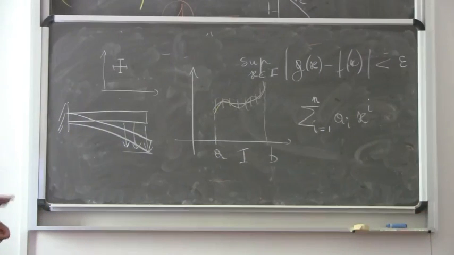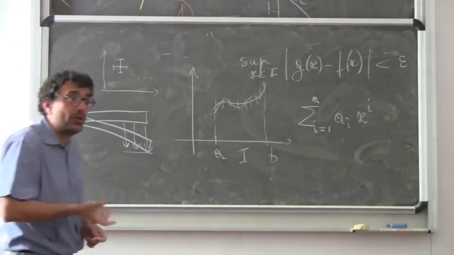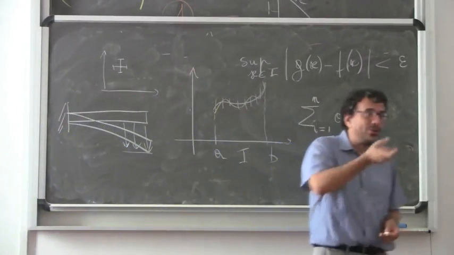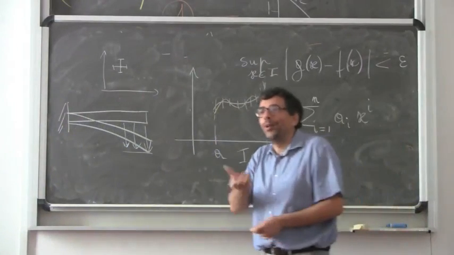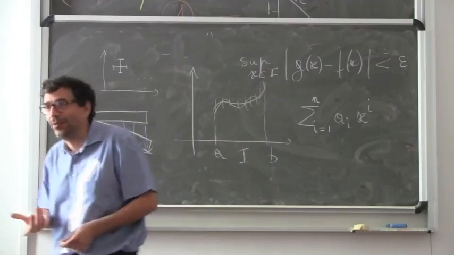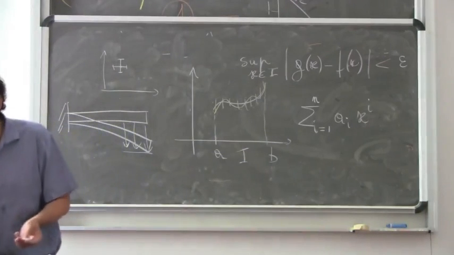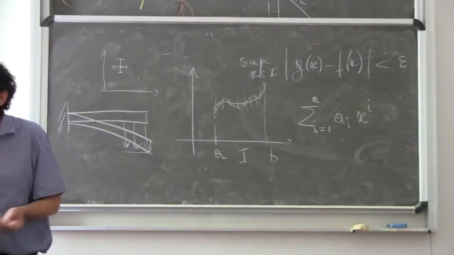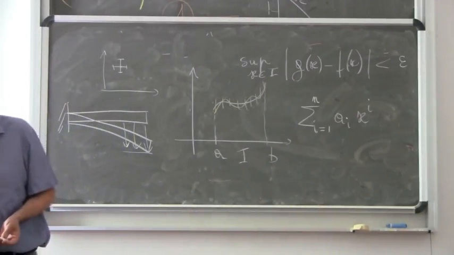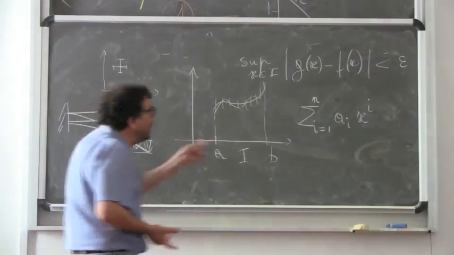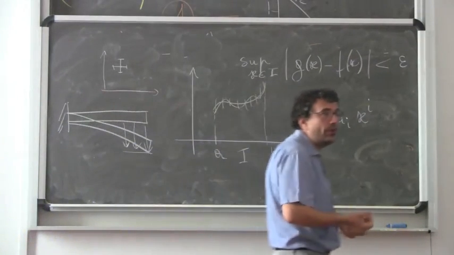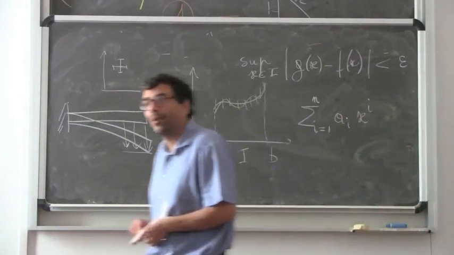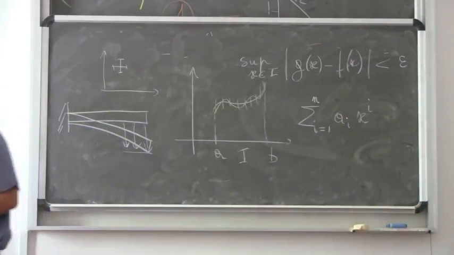So now you can understand why Taylor was so popular. Because he was telling you how to build a polynomial which is approximating a function. But the Taylor series is very bad. You need a lot of derivatives. While the theorem of Weierstrass is true for every continuous function. Okay?